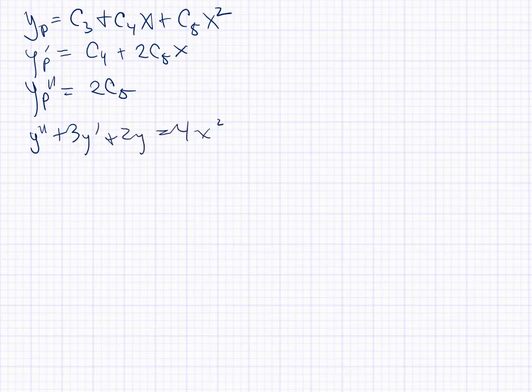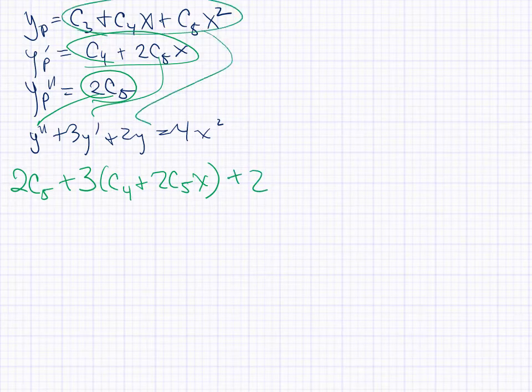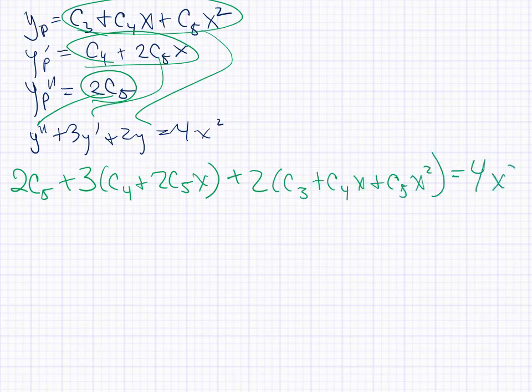And so that would give me y double prime. So this is going to go there. So we got 2c5 plus 3 times y prime. So this is going to go here. So c4 plus 2c5x. And then plus 2 times y. So all this goes here. So c3 plus c4x plus c5x squared equals 4x squared.